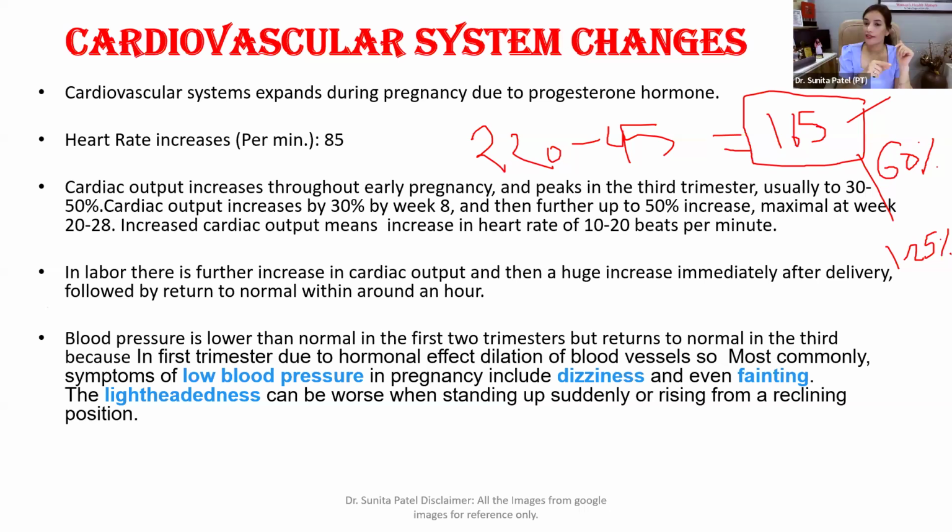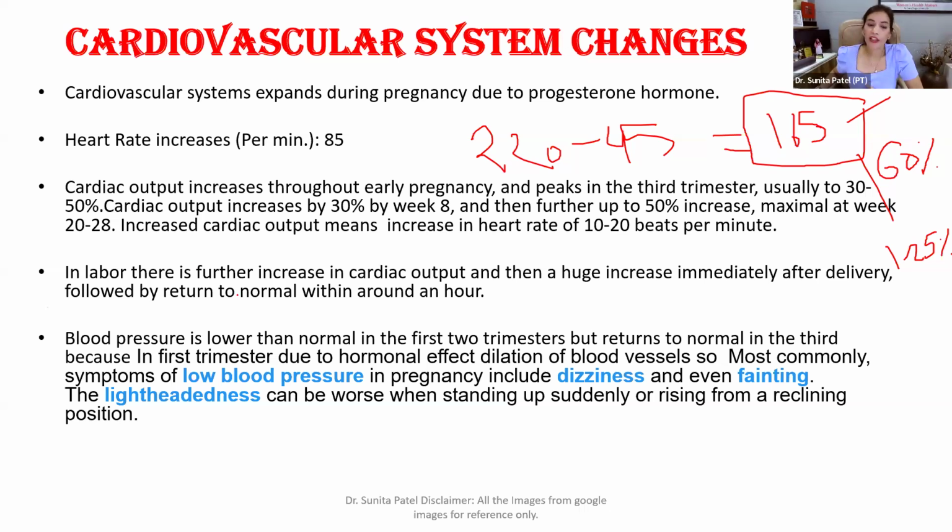Do not give exercise in a very warm or heated environment. There should be enough good ventilation. This is very important when we are talking about cardiovascular health. So be careful all the time when you are planning exercises for your female.